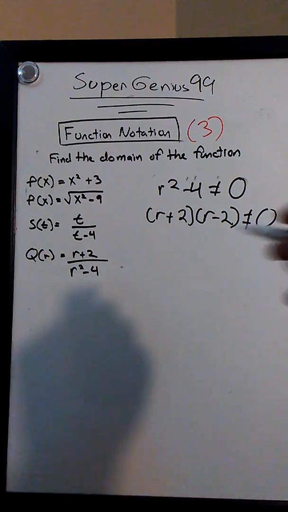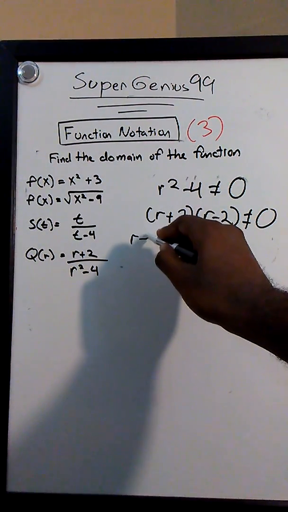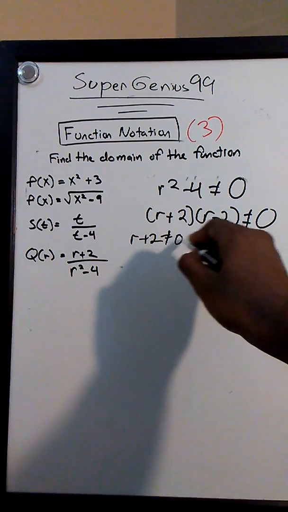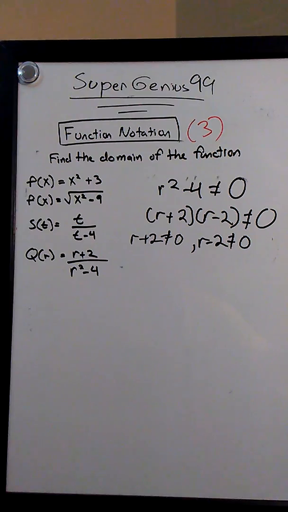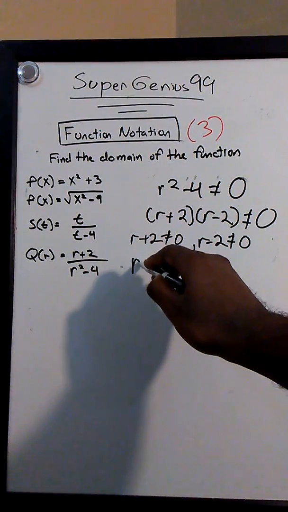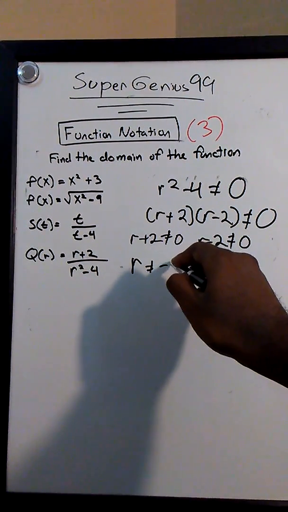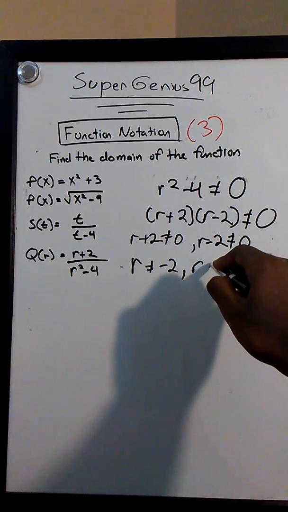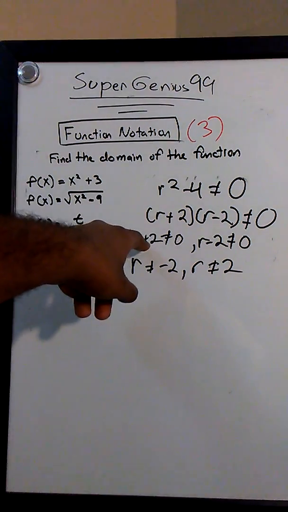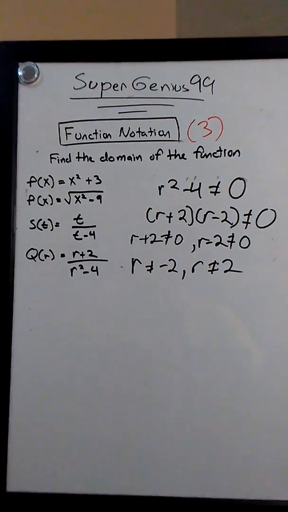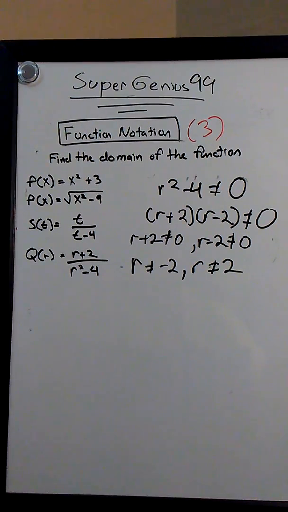So r plus 2 cannot equal 0, and r minus 2 cannot equal 0. So r cannot equal negative 2, and r cannot equal positive 2, because here I subtracted 2 from both sides, there I added 2 to both sides. So the domain here is all values except for negative 2 and positive 2.